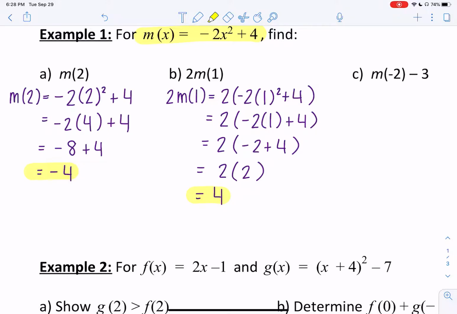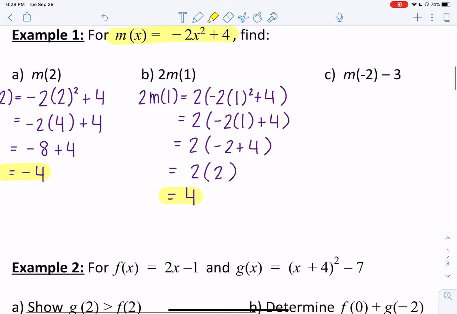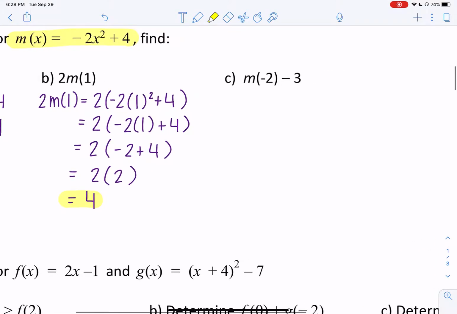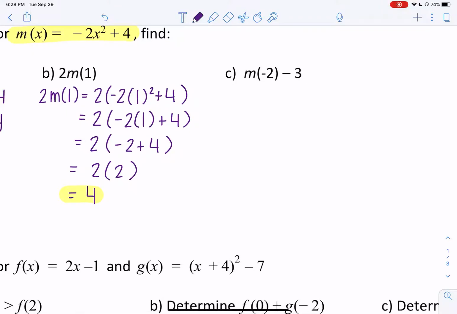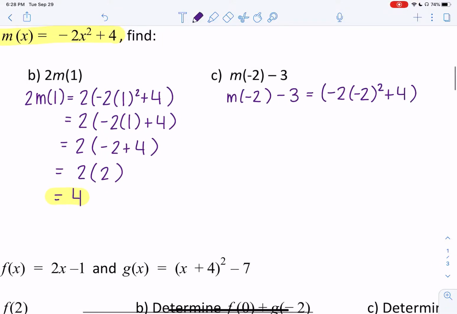Let's try one that gets a little more complex. So now we have m at negative 2 minus 3. So I'm going to find m at negative 2 and then just subtract 3. So we'll start with m at negative 2. So instead of writing an x in the equation, I just put a negative 2. And then we just subtract 3 from all of that.